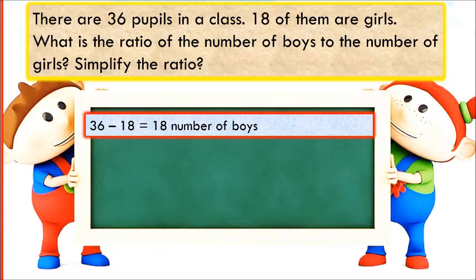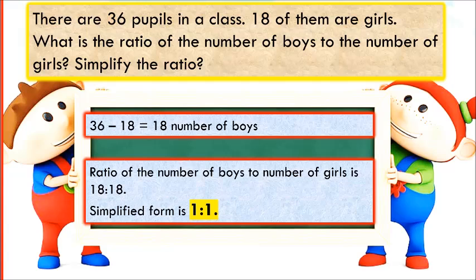This 36, we are referring to the number of pupils. And 18 in here, number of girls. 36 minus 18 is equal to the number of boys.